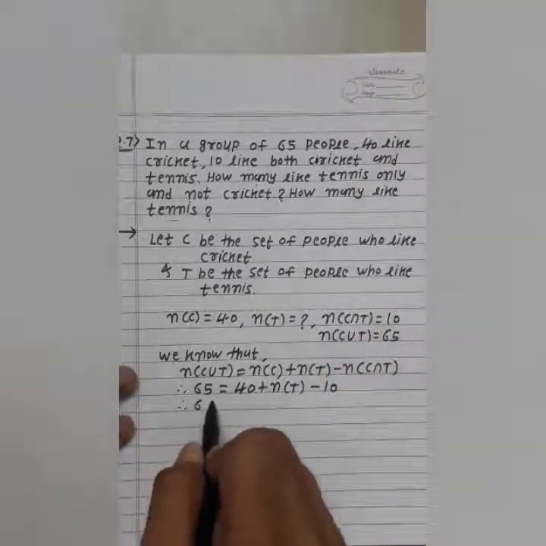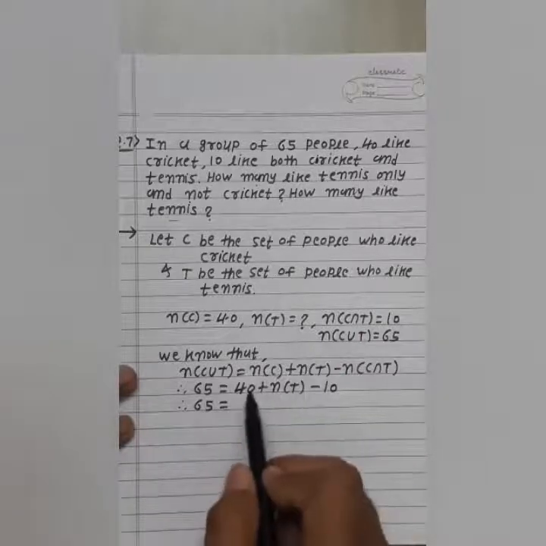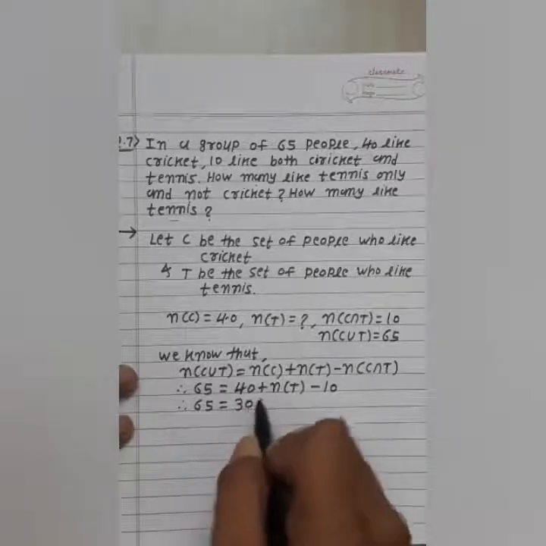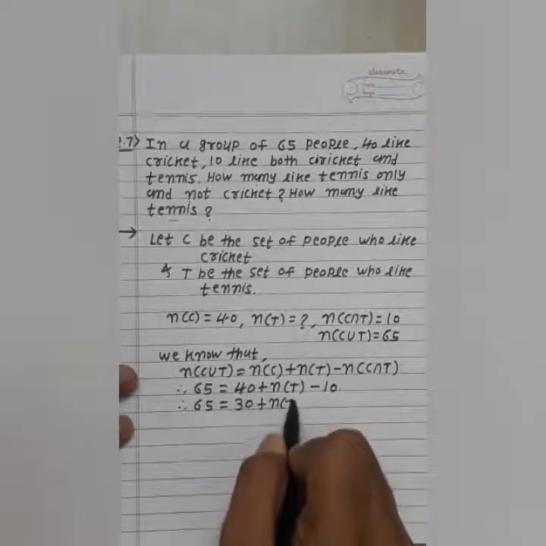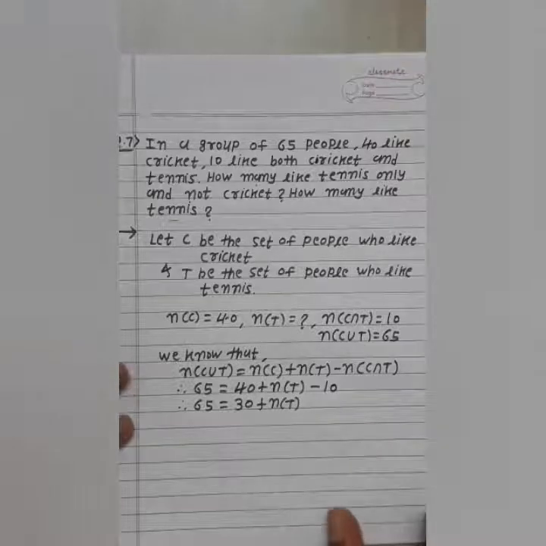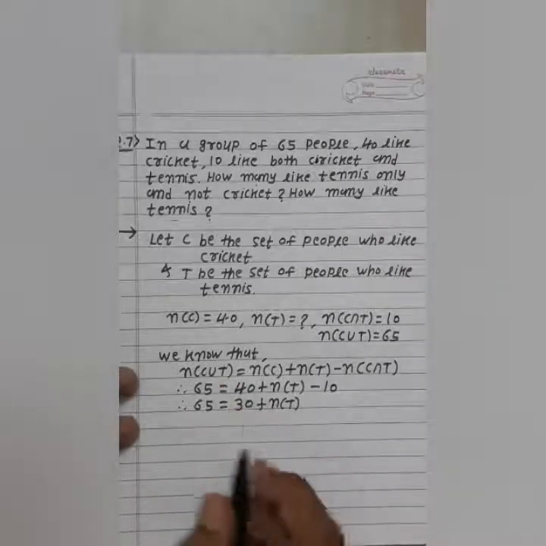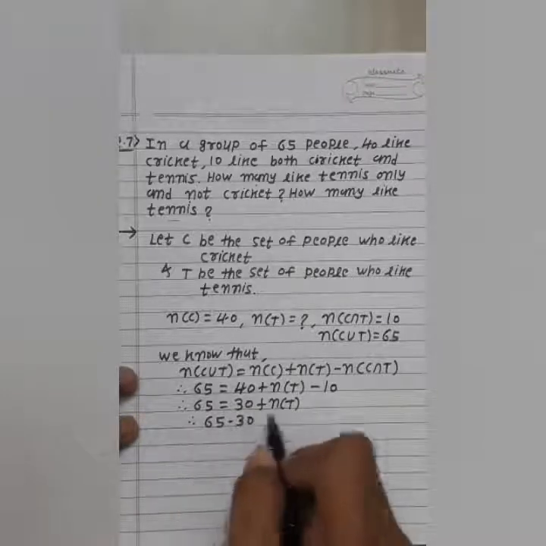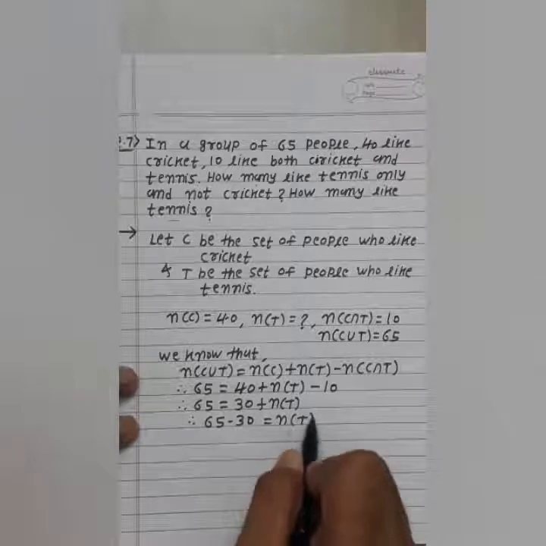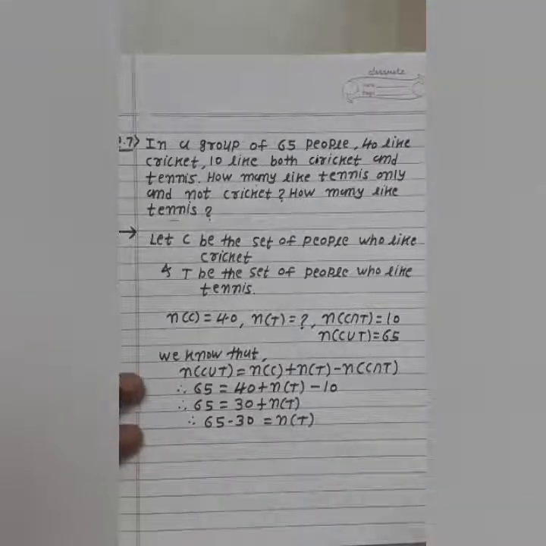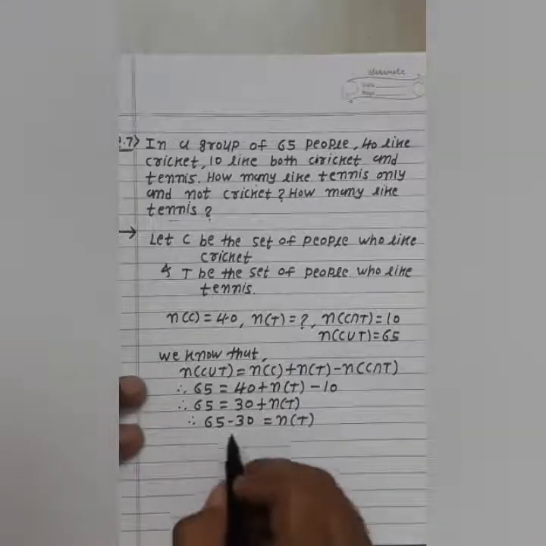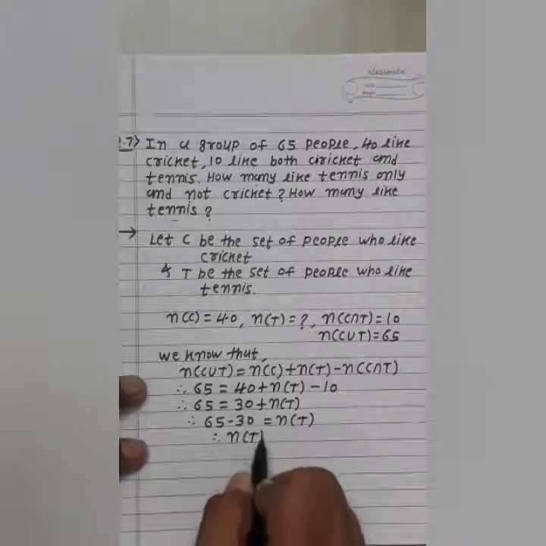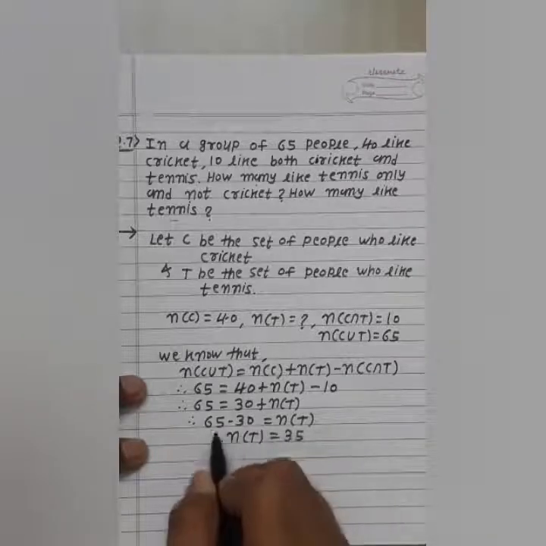So 65 is equal to 40 minus 10, that means 30, plus n of T. Now 30 goes to the opposite side, so 65 minus 30 is equal to n of T. 65 minus 30, so here we get n of T is equal to 35.